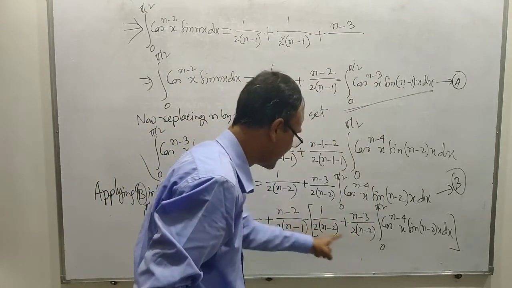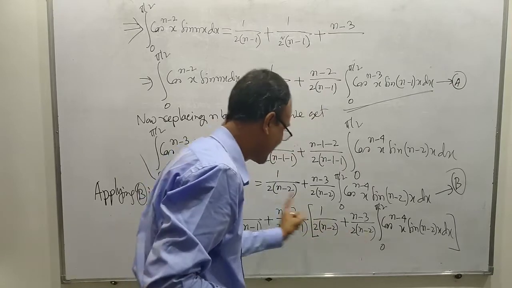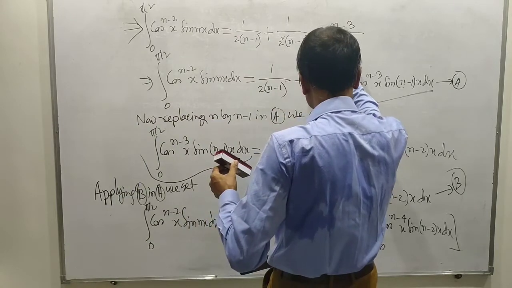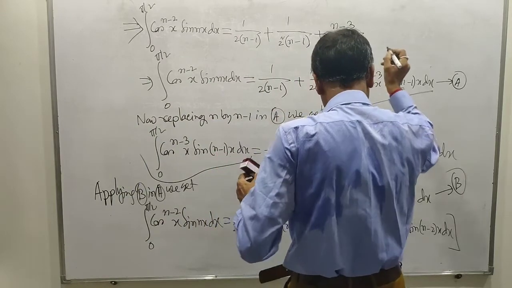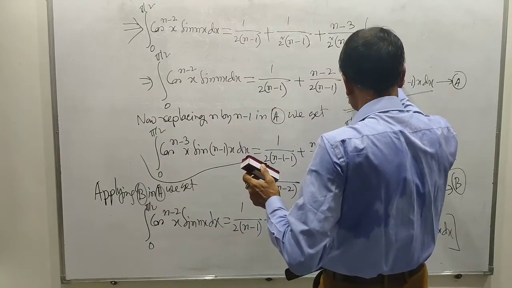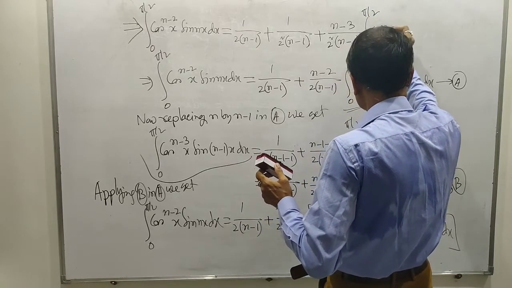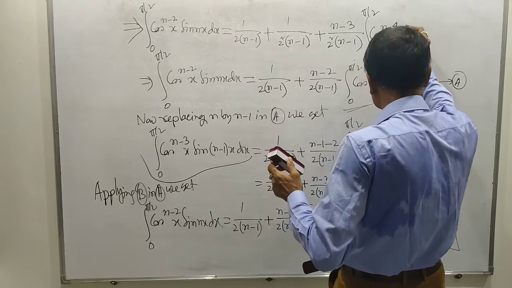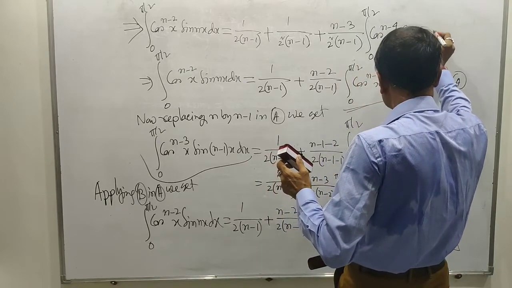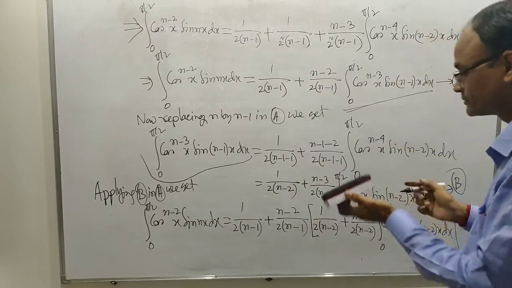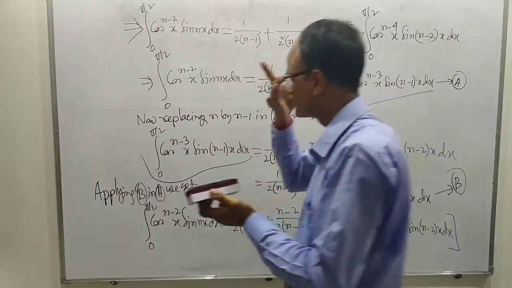N minus 2 has already been cancelled. 2 square into (n minus 1), integral 0 to pi by 2 cos to the power n minus 4 x sin (n minus 2)x. Right?